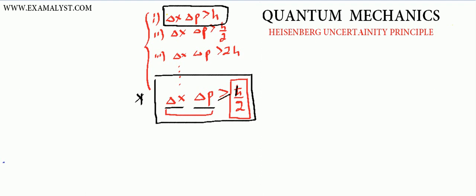So h cross by 2 is the minimum uncertainty product value. There cannot be any quantum mechanical experiment where the product of uncertainty in position and uncertainty in momentum is less than h cross by 2. This is the meaning of this statement.